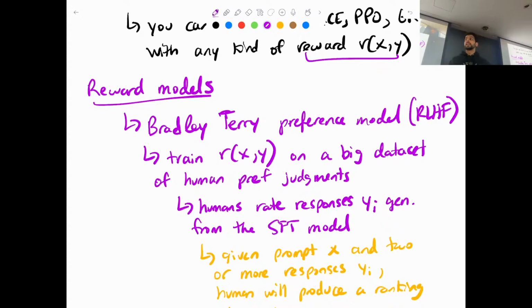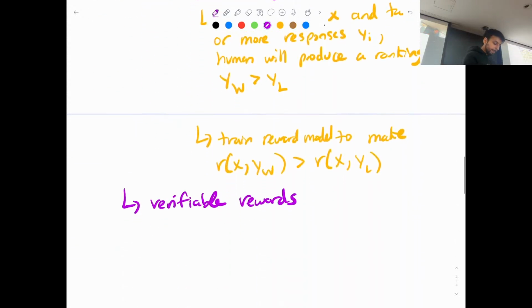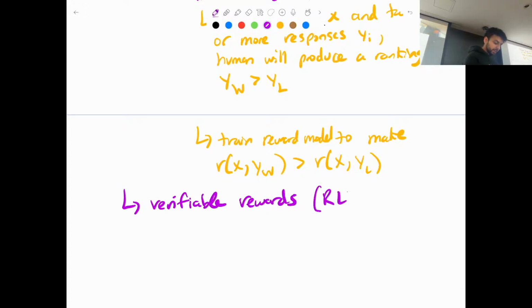This is generally associated with reward models that have been trained on human preference judgments, and then we use those to optimize the model. Meanwhile, with verifiable rewards, we have a new paradigm called RLVR, which is reinforcement learning with verifiable rewards. So here, there are no human preference judgments that we need to acquire in order to improve our model.